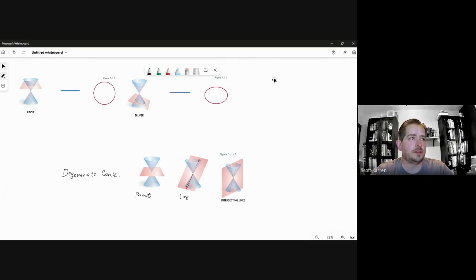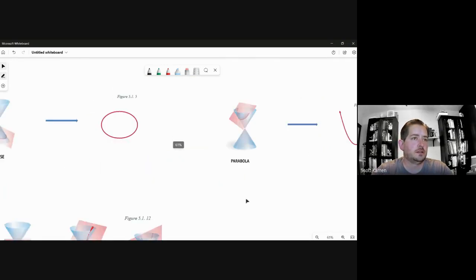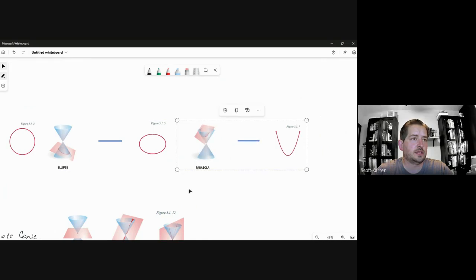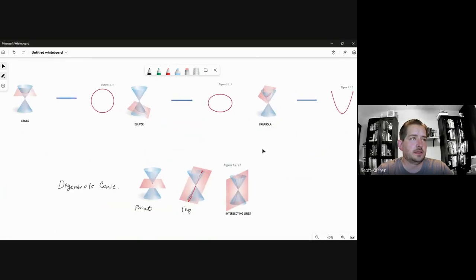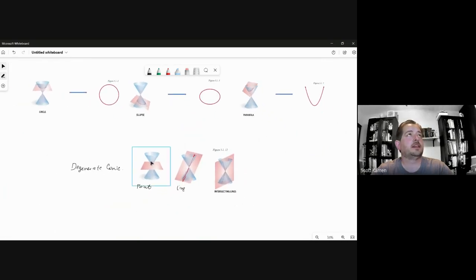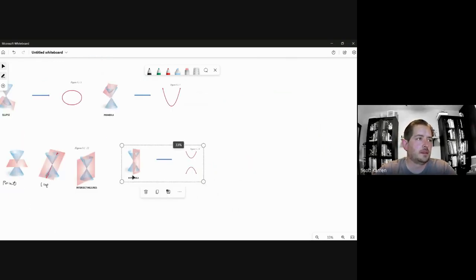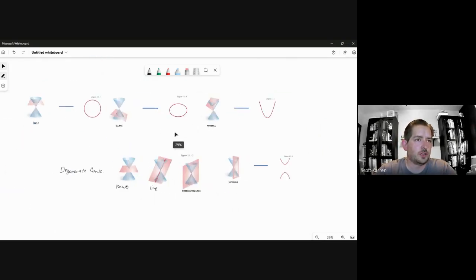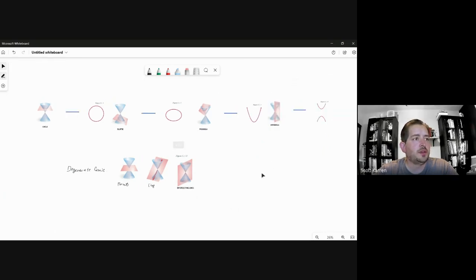A parabola is another slice of that conic, and then the last is the hyperbola. So we have those four conics that we'll talk about, those guys up in the top, and then the degenerate conics that are not stuff that we care about too much.